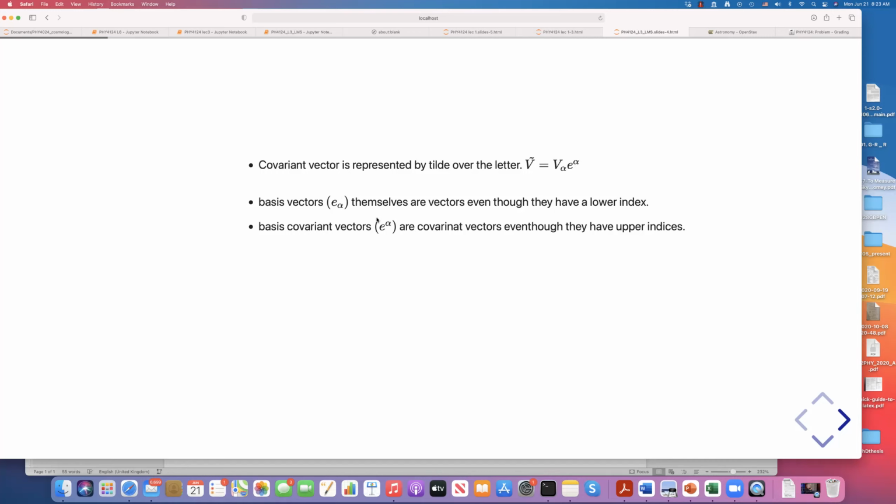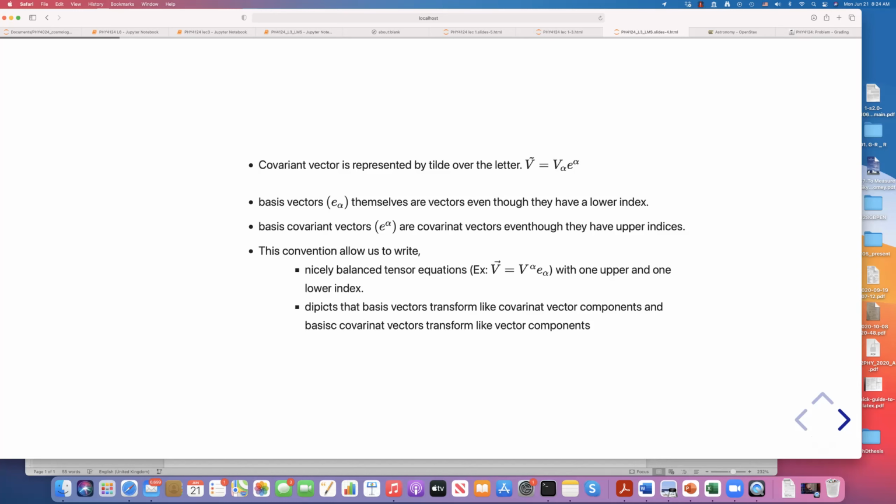So make sure that you go through this carefully, because if you haven't done anything about tensors before, this may be the first time that you are looking at these conventions. It is very important that you go through it and understand, and there are places that you have to remember. So make sure that you go through this again and again, right?